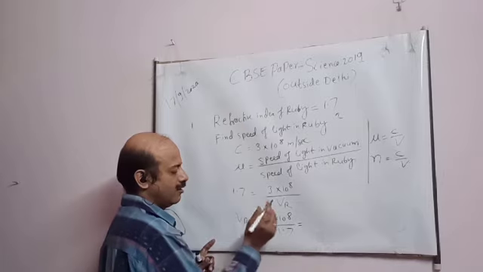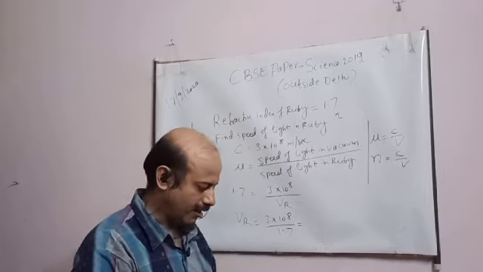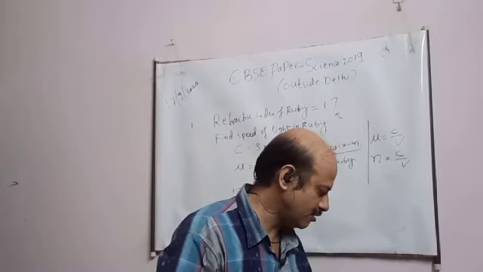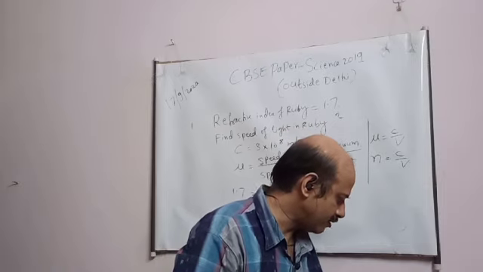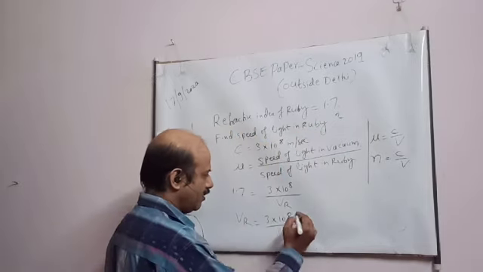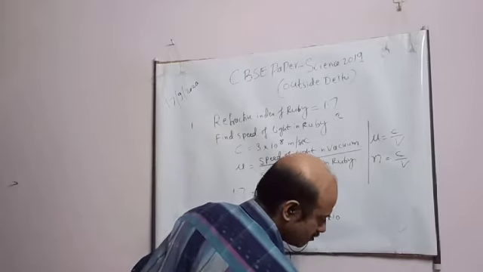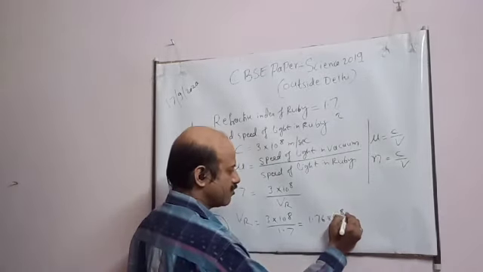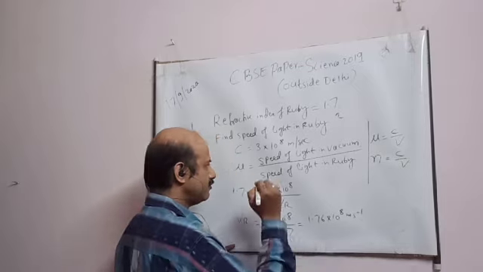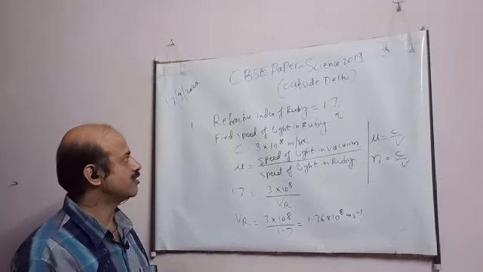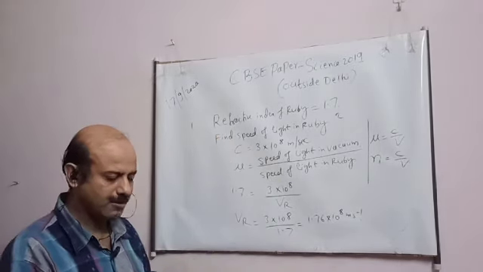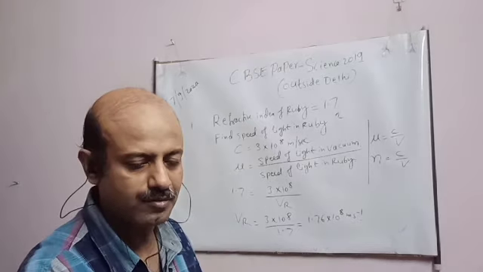You have to solve it, and I am writing the final answer: you will get around 1.76 into 10 raised to 8 meter per second. This is how this kind of question has to be solved, student. Already we have solved this type of question before also.